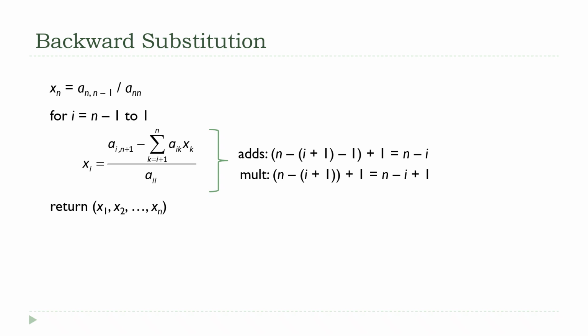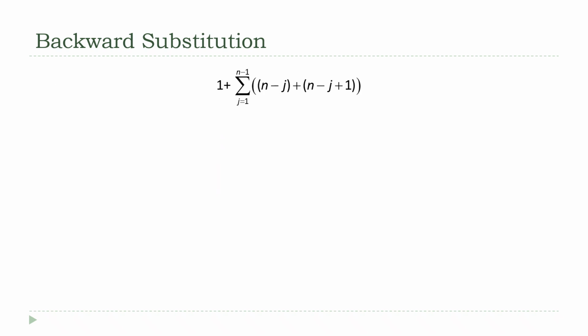So what we need to do is add all of those up as i goes from 1 to n minus 1. The loop goes the other way, but we'll do them in the proper order here for the sum. Plus 1. That plus 1 is for the calculation of the x sub n all the way at the top of this section.